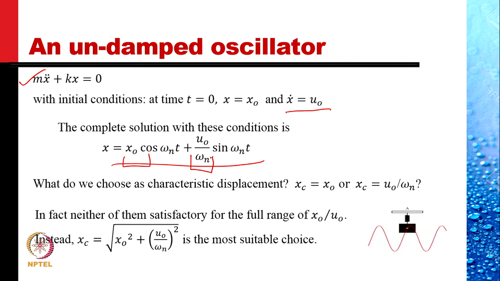Instead, xc is equal to the square root of x naught squared plus u naught by omega n, whole squared, is the most suitable choice. But it is not easy to see. It is only after we have worked with the solution and got stuck that we realize that if we choose this, then we get the best results.